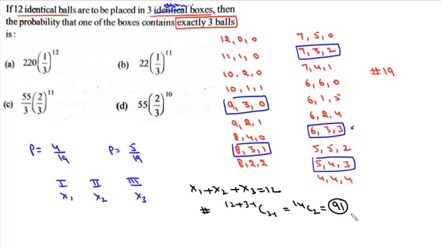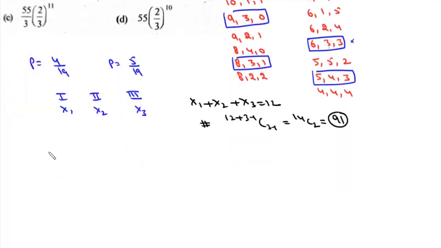Now we have to find the favorable cases in which one of the boxes contains exactly 3 balls. Now suppose x1 is 3. Now if x1 is 3, then we get x2 plus x3 equals 9. Now solution to this is 9 plus 2 minus 1 C 2 minus 1, which is simply 10.